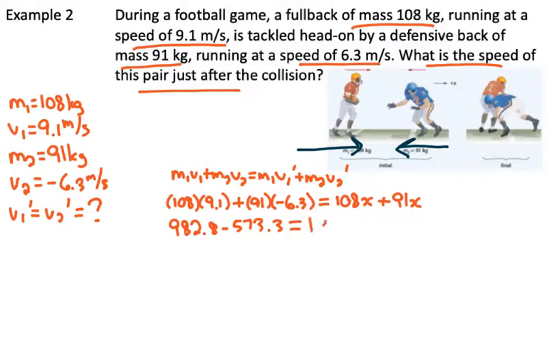We'll end up with 199X here on the right. Combining on the left, we get 409.5 equals 199X.